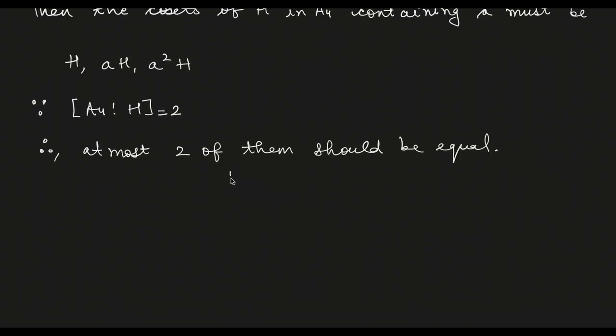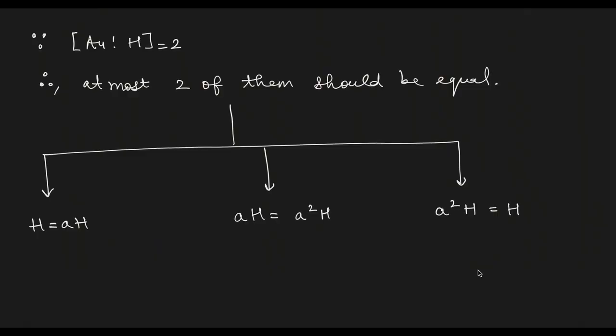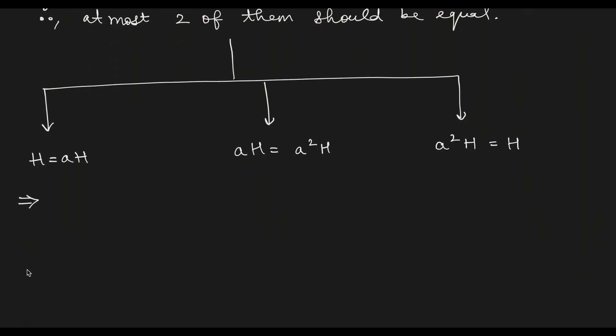So the possibilities will be 3. Either H is equal to aH, or aH is equal to a squared H, or a squared H is equal to H. So if H is equal to aH, then I have that property, aH is equal to H if and only if a belongs to H, the absorption property.